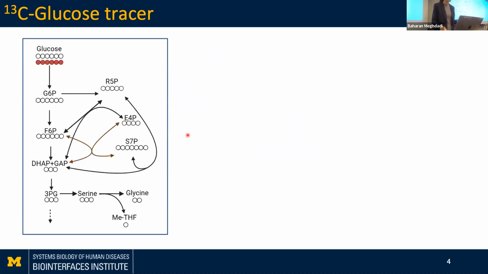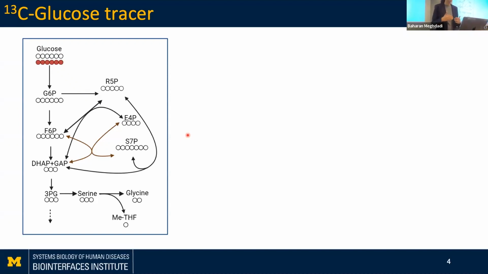This is very similar when we use the 13C glucose tracer. Glucose at first has 6 carbons, and the atomic mass of carbon is 12. When we use the tracer, instead of having carbon with 12 atomic mass, we have it with 13 atomic mass.